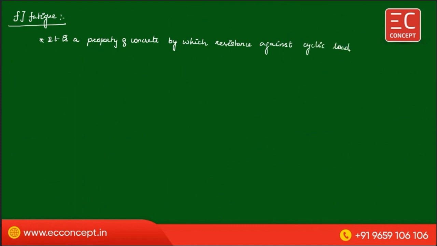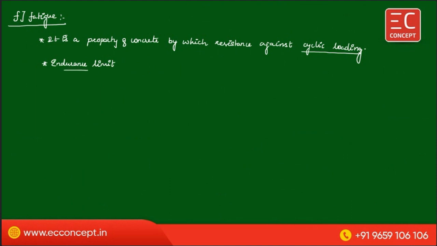So this point is important: against cyclic loading. And the next important point is the endurance limit. This also is an important point. This fatigue is designed based on this endurance limit.